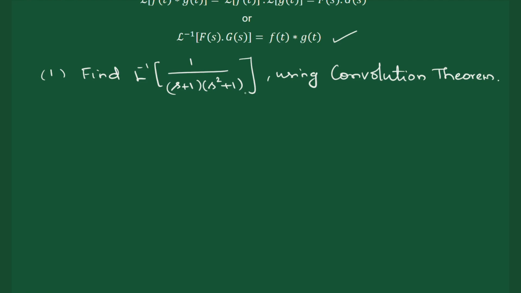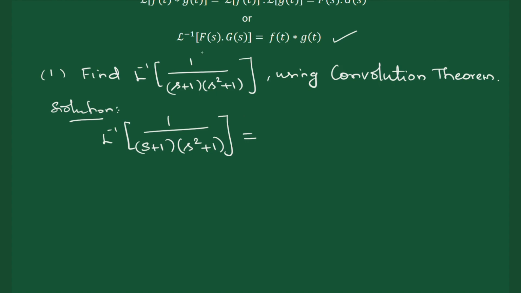So specifically, if they ask you to find L inverse of a certain function using convolution theorem, definitely we have to use only convolution theorem. So here, let us solve this question. Let us consider the question as L inverse of 1 by (s plus 1) into (s square plus 1).